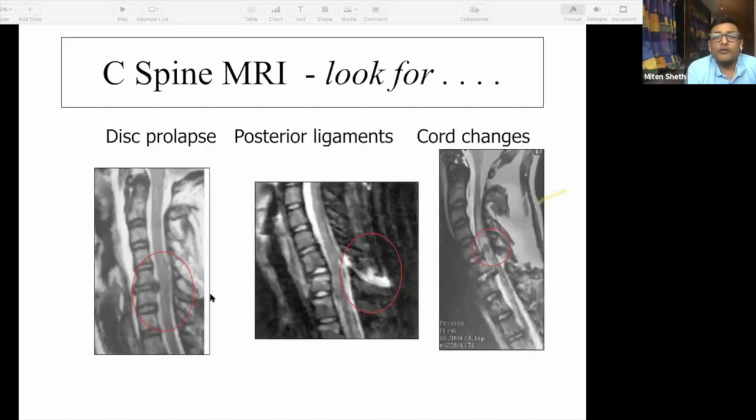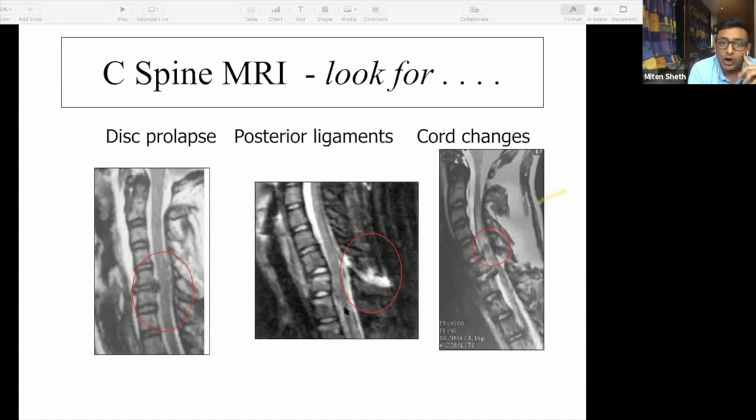MRI, again, what you have to look for is the same thing. You see the sagittal, you see the axial, you see the alignment, you see the soft tissue. So you can sometimes notice, especially in a trauma MRI, everything is normal and you see a black spot, white spot here. It indicates that the patient has got an injury over here and there is soft tissue disruption.